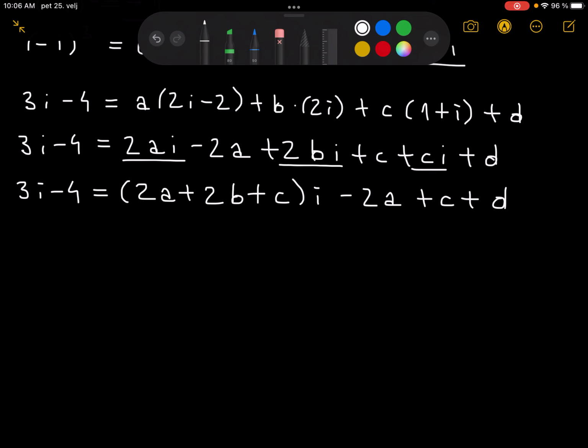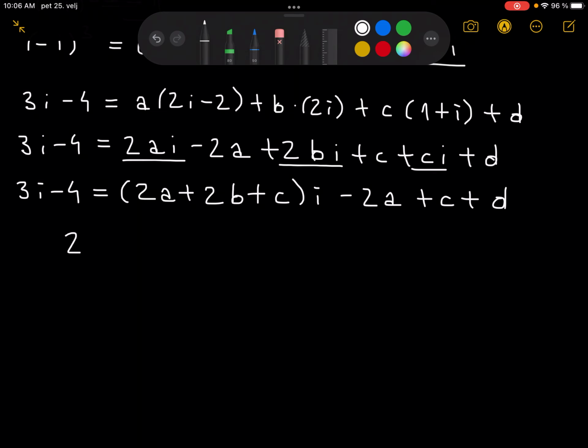And when we set the real parts of the left-hand and right-hand side to be equal, and when we do the same with the imaginary parts, we'll get two equations.